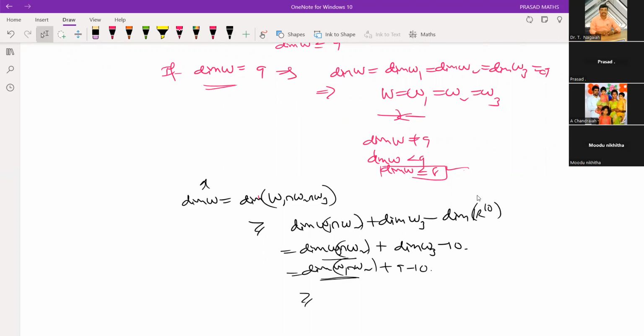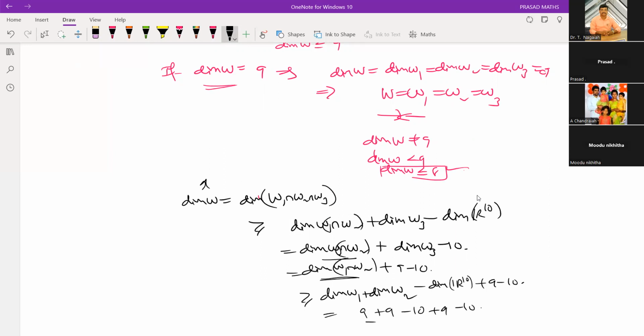But what is the lower bound for this? Anybody? What is the lower bound? Dimension of W1 plus dimension of W2 minus dimension of R10, that is 9 plus 9 minus 10.